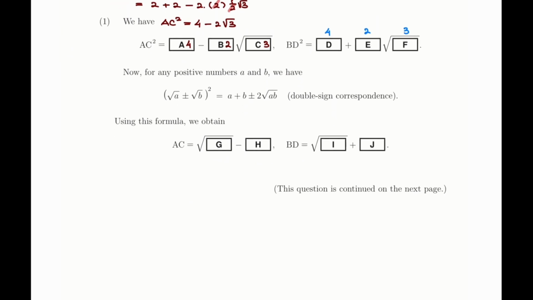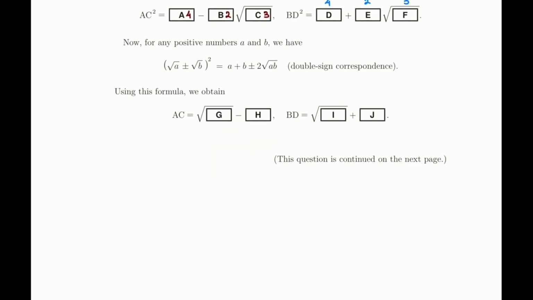I have AC squared here. AC squared is 4 minus 2 square root of 3. So I will write it down once again. AC squared is equal to 4 minus 2 square root of 3.